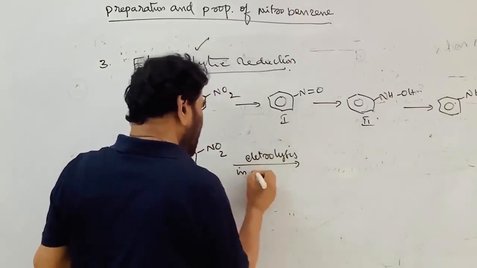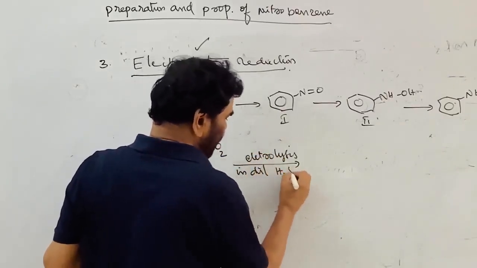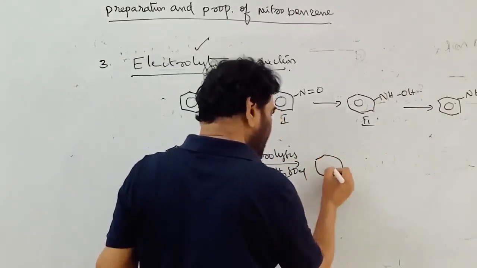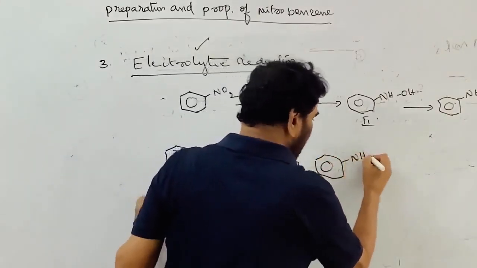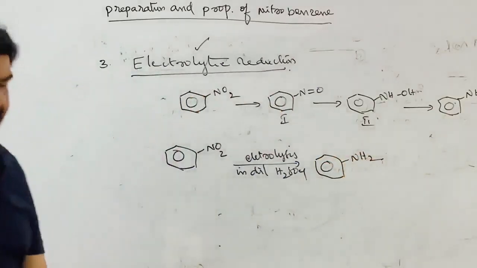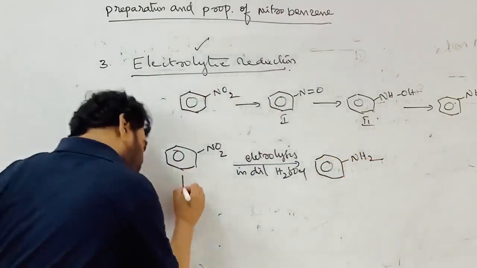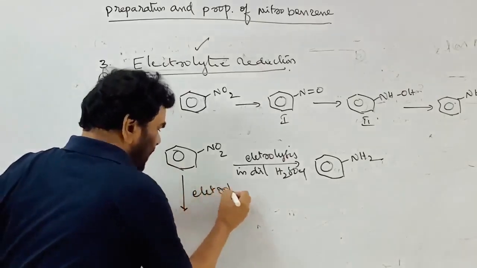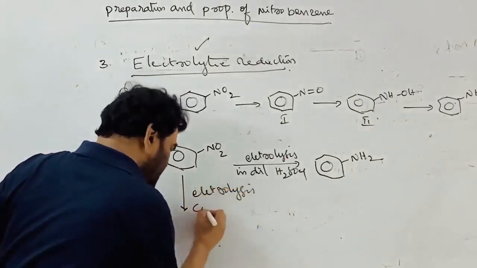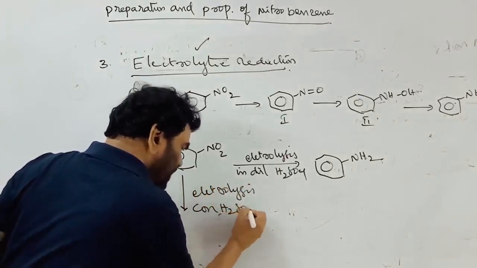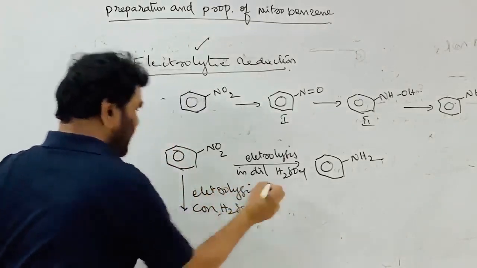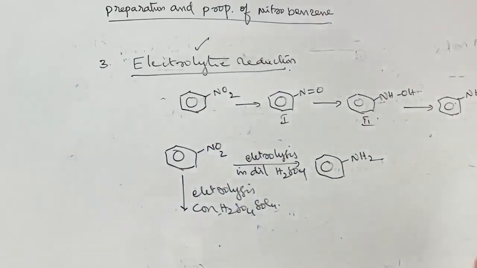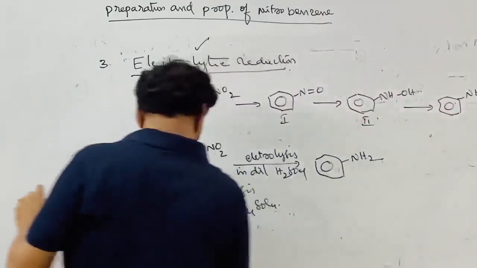Electrolysis in dilute H2SO4 gives aniline. Suppose electrolysis is carried out in concentrated H2SO4 solution, then what happens?